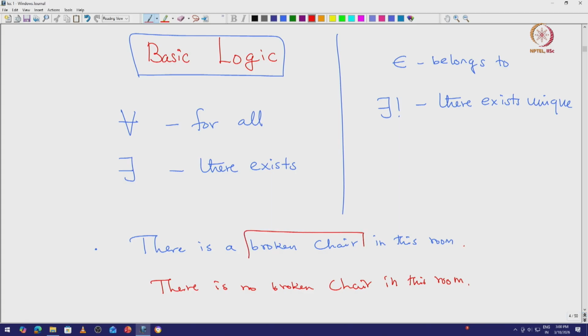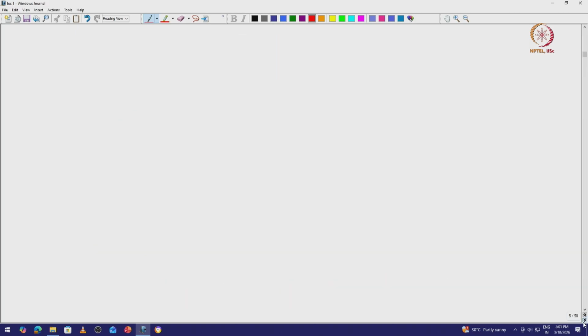Here we are talking about a broken chair. That means we need to consider the collection of chairs that appear in this room. Okay. So, we can construct this set, let us call it R. This set is denoted as the collection of chairs in this room.